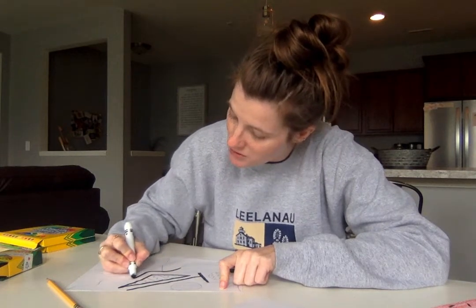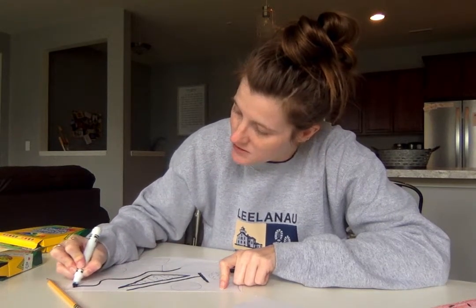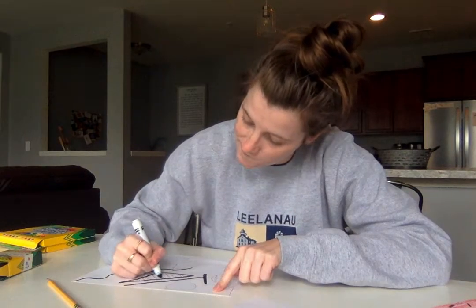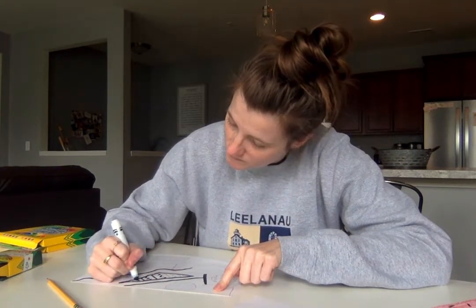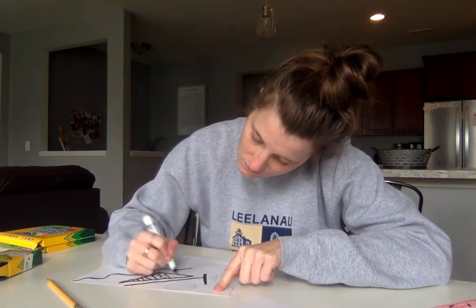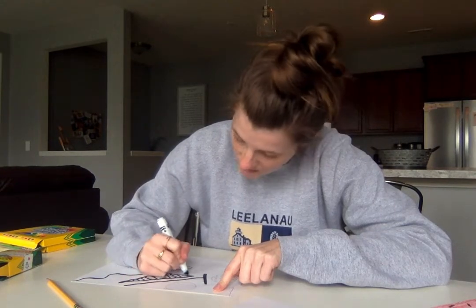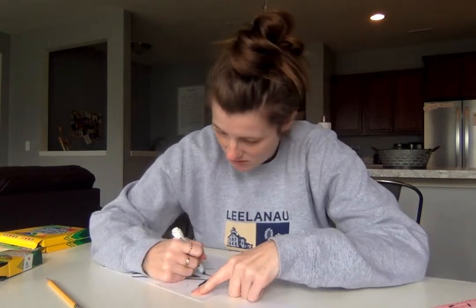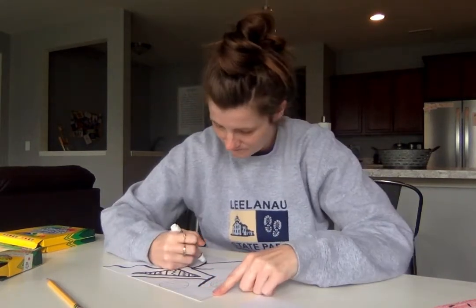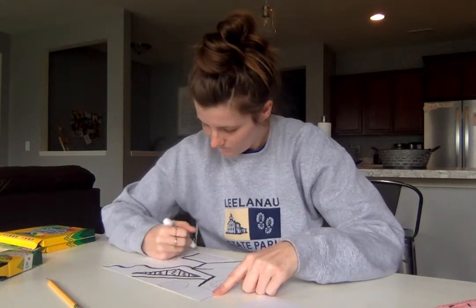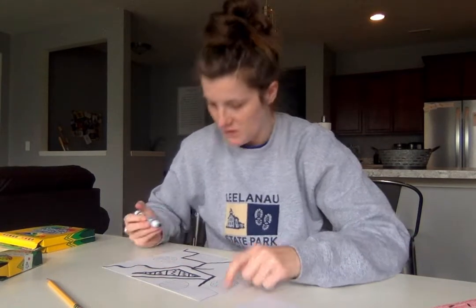And I want to go over all of my pencil lines, including my patterns, so that all of the pencil lines disappear. So we will pretend I finished with that step.